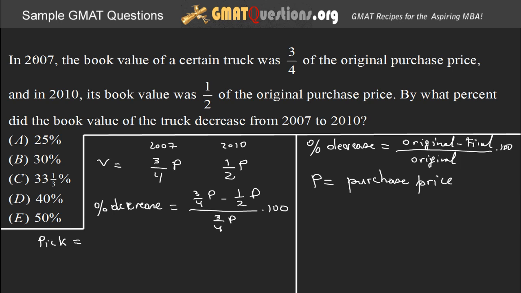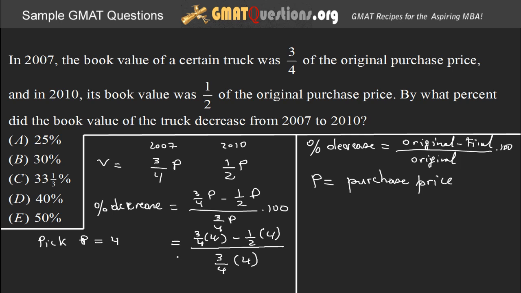Let me erase this. Sorry. Okay. P equal 4. And then we have 3/4 of 4 minus 1/2 of 4 divided by 3/4 of 4.